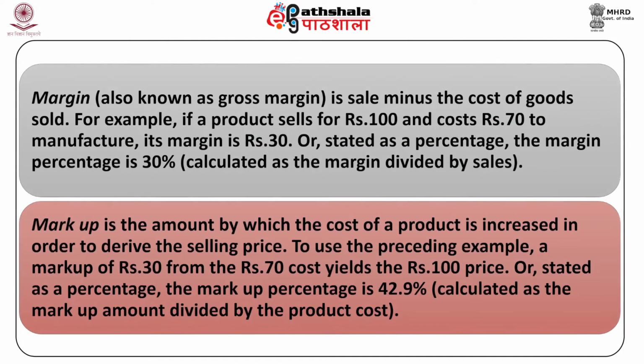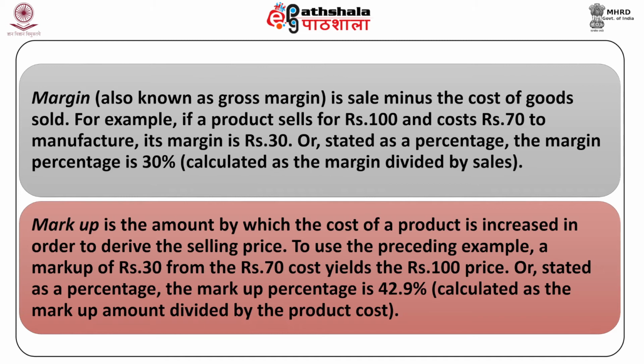Now, margin, also known as gross margin, is sales minus the cost of goods sold. For example, if a product sells for rupees 100 and costs rupees 70 to manufacture, its margin is rupees 30, or stated as a percentage, the margin percentage is 30%, calculated as the margin divided by the sales.